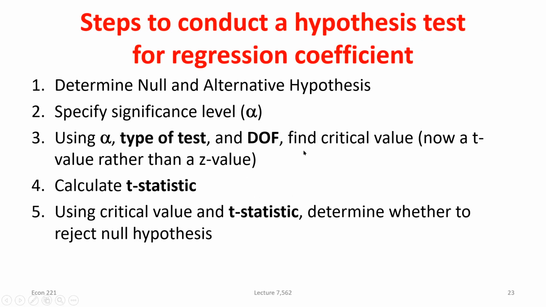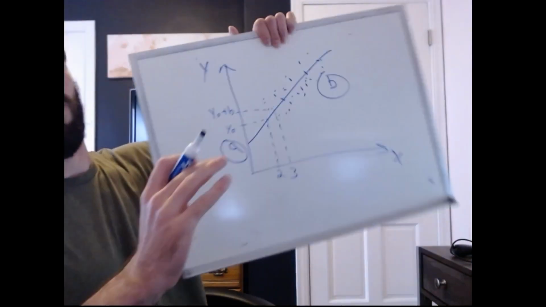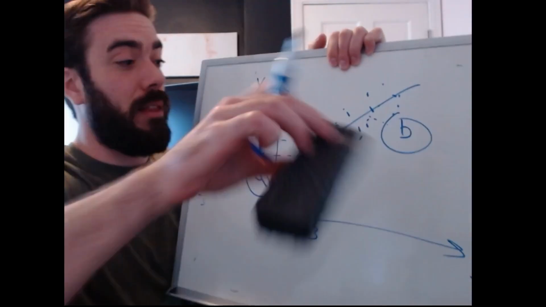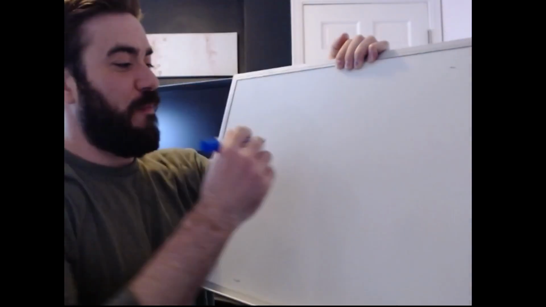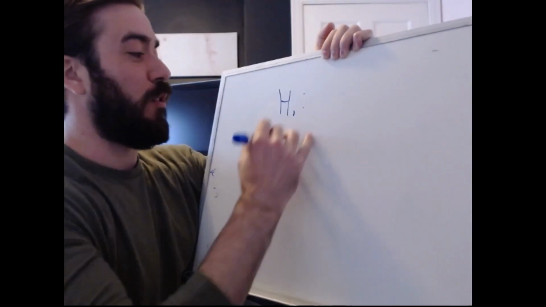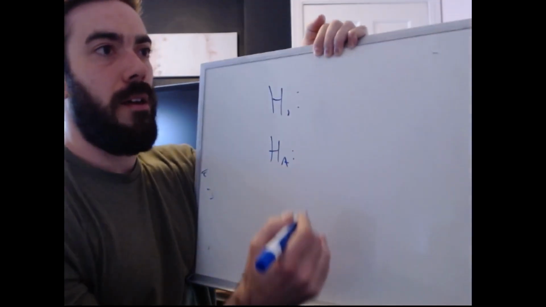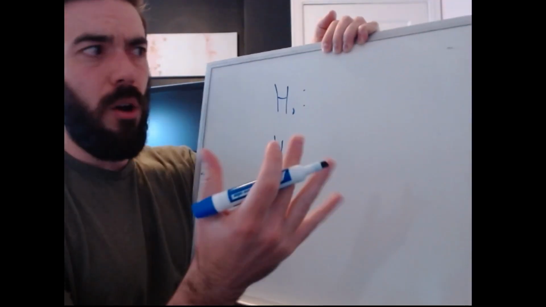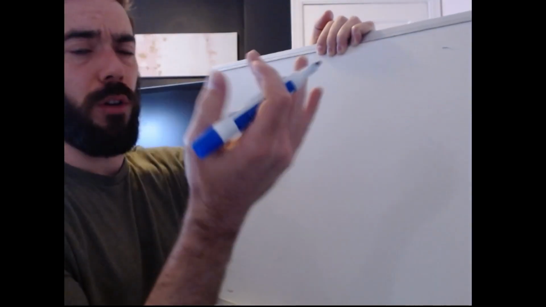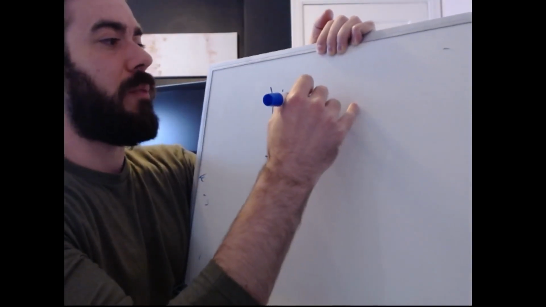It's going to be no different than what we did with other statistics. You determine the null and alternative hypothesis. Like I said, this one's easy actually, because for linear regression, we're always going to do this hypothesis test. So if I ask you on an exam what is the null or alternative hypothesis for any coefficient, any type of regression output that we're looking at, it should always be that.